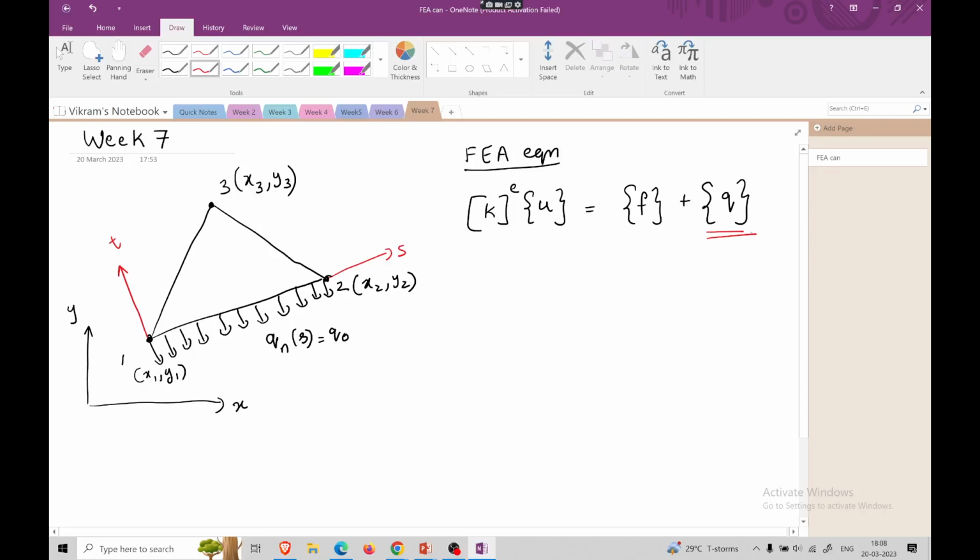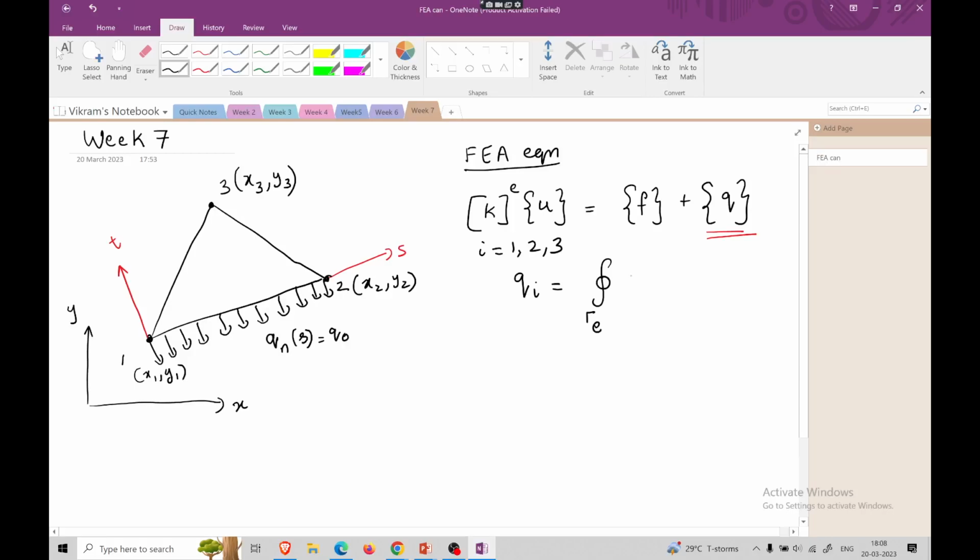Let us say we have Qi, where i ranges from 1 to 3. Since we have 3 nodes, we have 3 equations in total. So what is Qi? Qi is nothing but my boundary integral along the element.